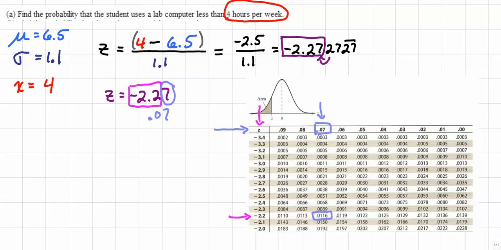So if we had drawn our curve, and it doesn't have to be perfect because mine certainly isn't, and we know that z equals 0 is in the middle, but we're looking for a z-score that's a negative 2.27, which will be somewhere down around here.